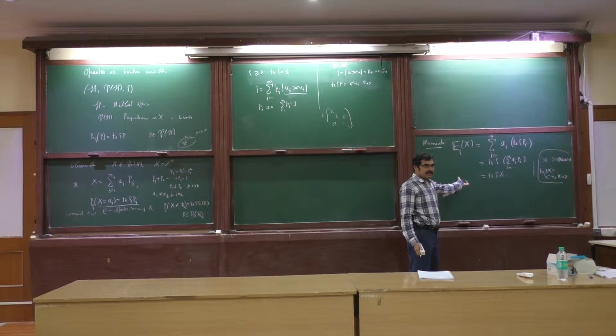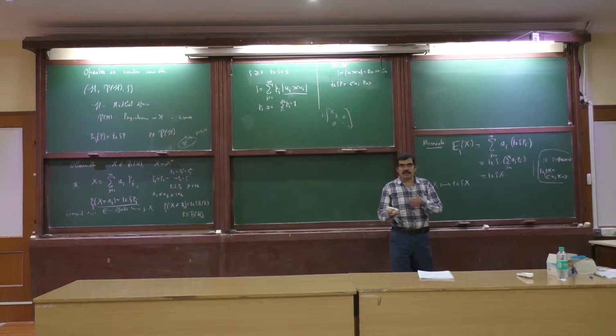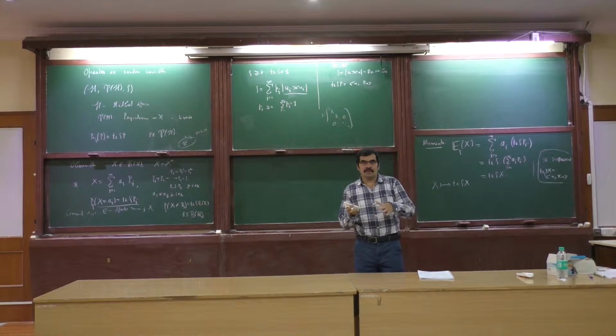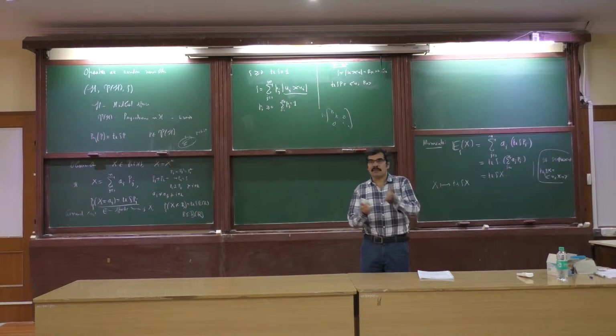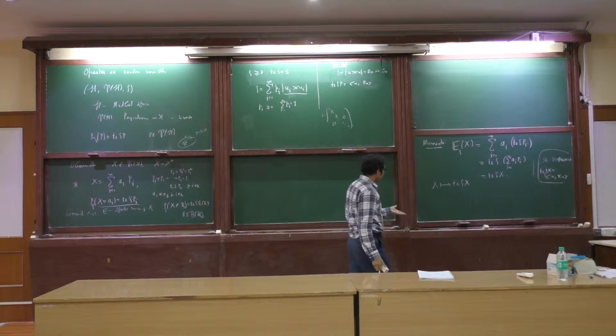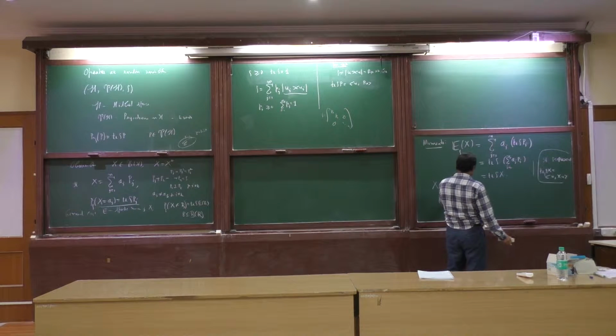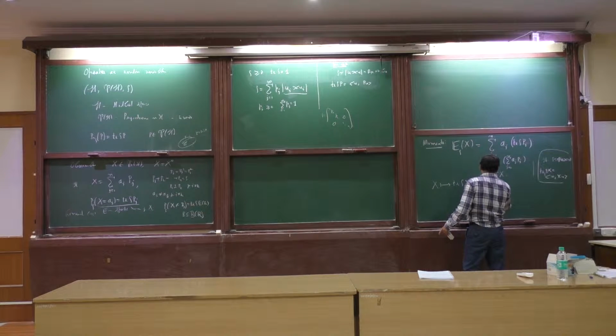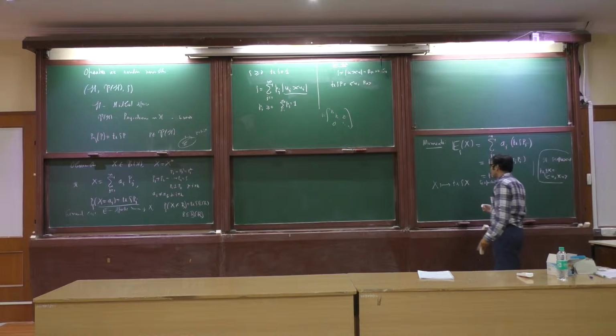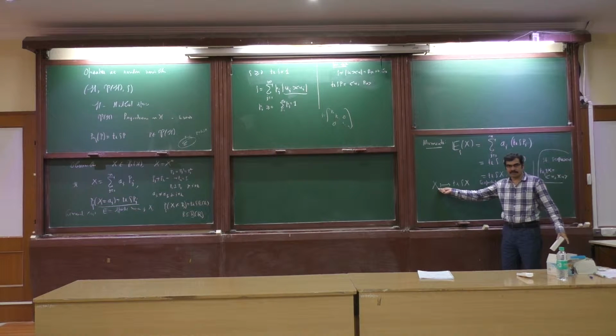That's why many people say that in non-commutative theory, the trace replaces the expectation, the integration. So x goes to trace rho x. This is the expectation map. So the expectation of any random variable or any observable x is trace rho x.